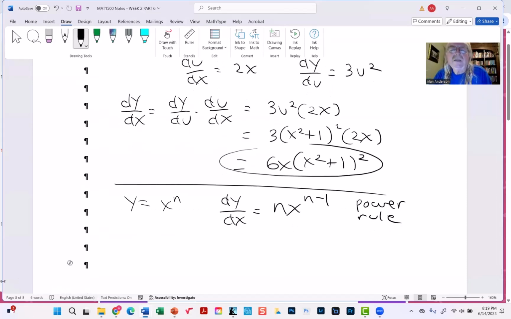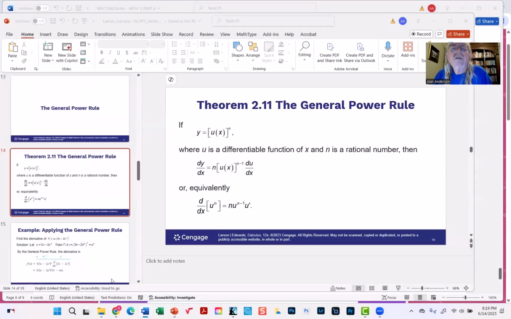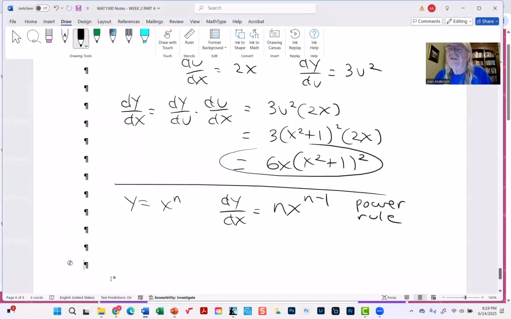What we're seeing here is more involved because instead of x raised to the n, it's u of x raised to the n. And so that means that we need to use the chain rule, and we end up with this result.